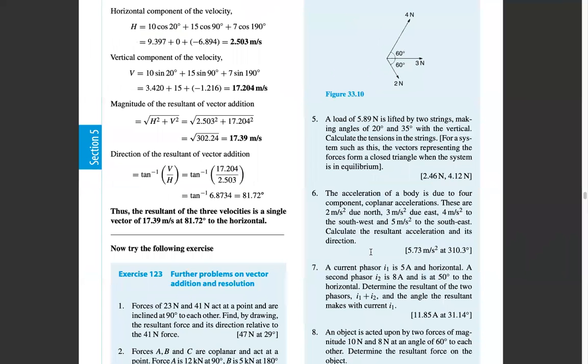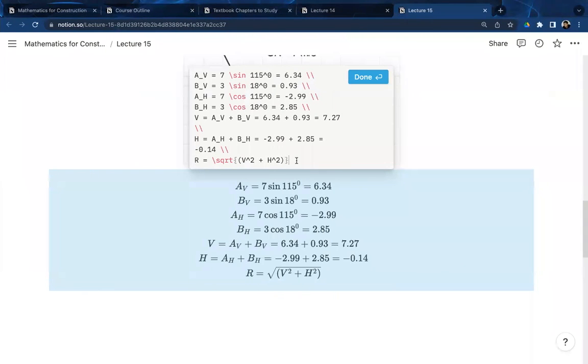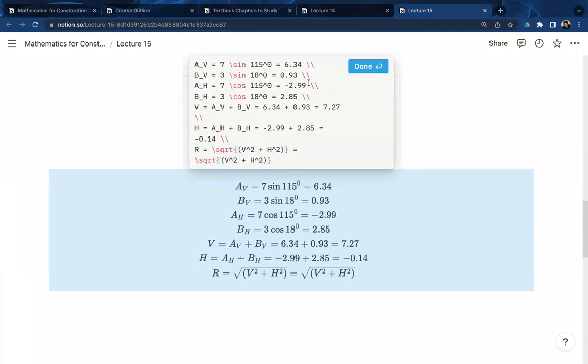That's what they say here, right? h squared plus v squared, same thing. What is this? So 7.27 squared, right?